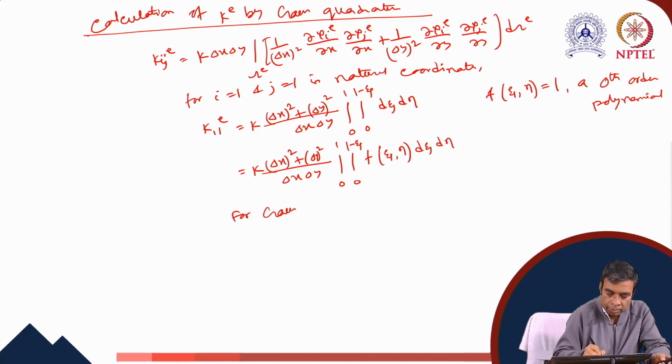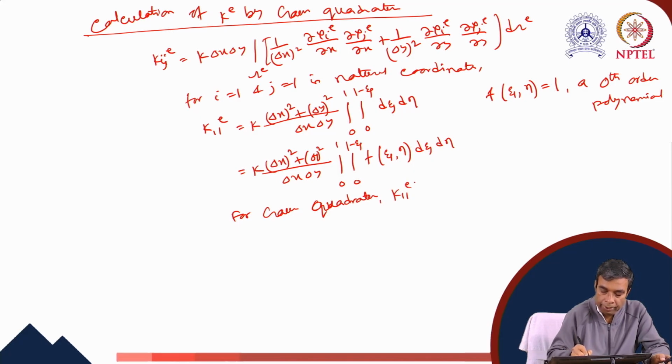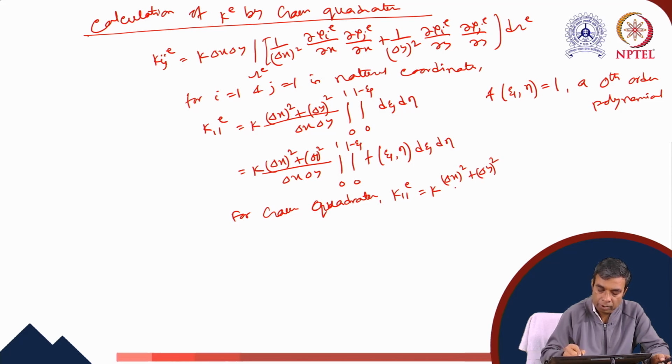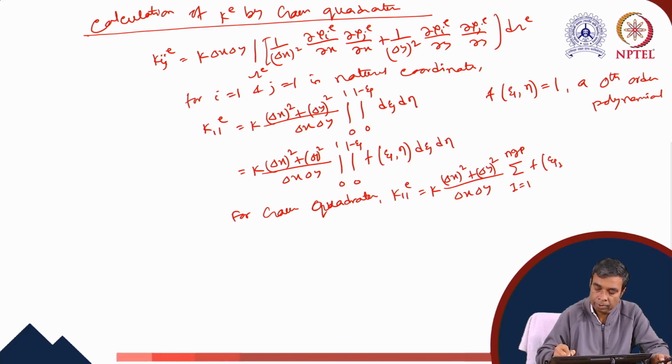For Gauss quadrature, k11 e equals k into delta x whole square plus delta y whole square divided by delta x delta y into summation i equals 1 to ngp of f of xi i eta i times wi.